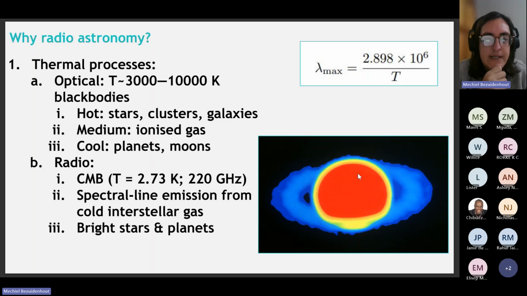And we can also see some spectral line emission from the cold interstellar gas that includes the famous H1 line. And then if you have a sensitive enough radio telescope, we can actually see some of the very bright stars and planets. So on the right, there's an image of, I think it's Jupiter, in radio waves.